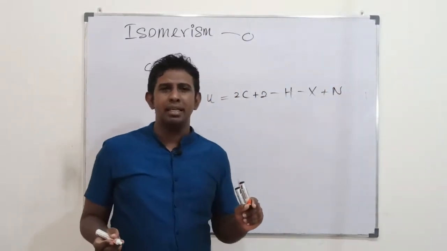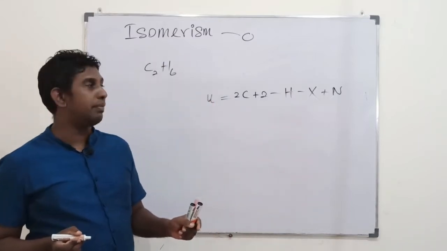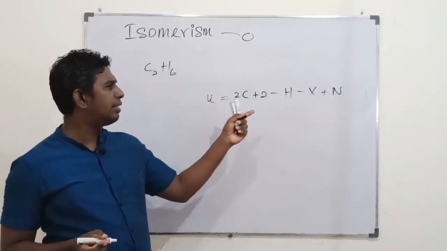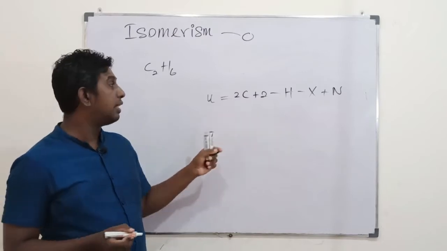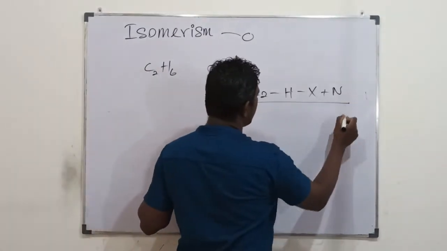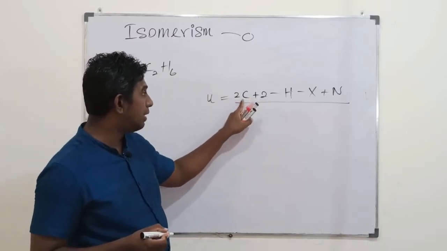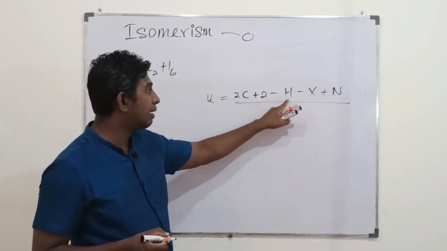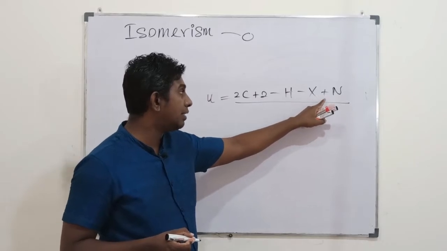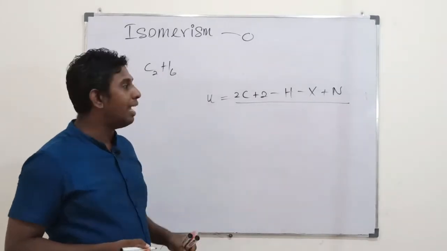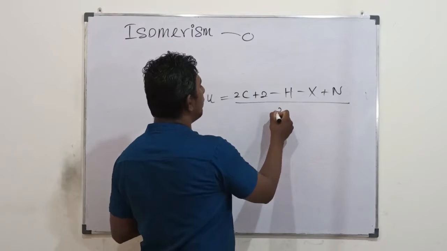It doesn't matter about other atoms like oxygen, sulfur, any such. We don't take those into this equation. So you multiply the carbons by 2 and add 2, subtract the number of hydrogens, subtract the number of halogens, add the number of nitrogens, and finally you divide it by 2.